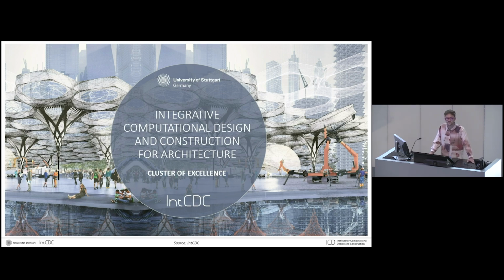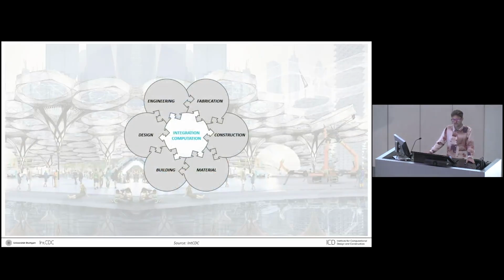And the IntCDC is a research cluster that was created in Stuttgart in 2019. And this research cluster is composed of institutes from architecture, different types of engineering, computer science, robotics, the humanities and social sciences across the University of Stuttgart and the Max Planck Institute for Intelligent Systems. And as you might have guessed from the name, the main focus of our cluster is research in the field of architecture and construction.